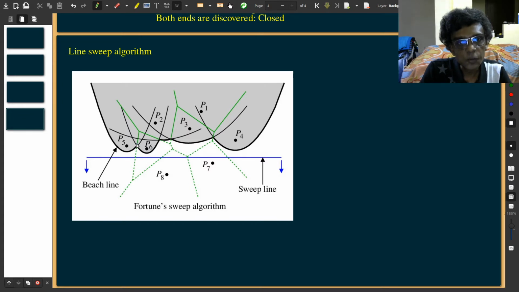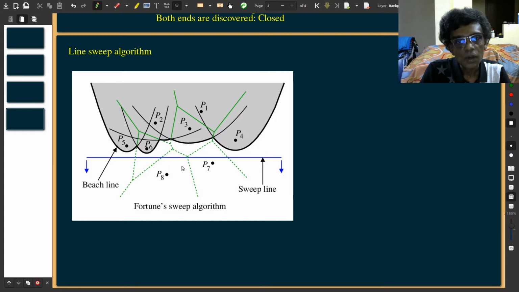In fact, this picture says that this solid portion of the Voronoi diagram is already generated and this dotted portion is yet to be generated. And they are influenced by P7, P8, the sites that are below the sweep line.